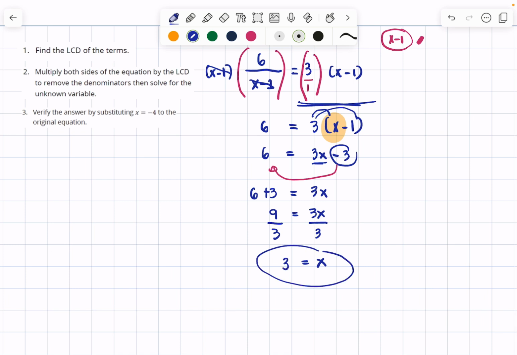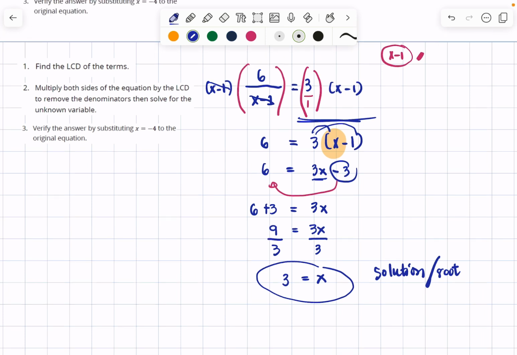So your x, or your solution or root, is 3. Now, your next step is to verify by substitution. So you will have checking by substitution.